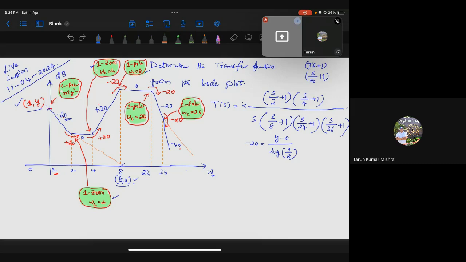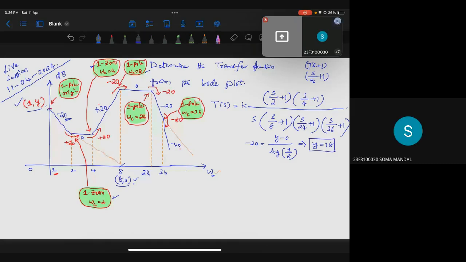So now this is log omega, am I correct? It is a logarithmic scale. That's why it is log 1 by 8. It means that instead of 8 minus 1, we say log 1 minus log 8. From this, we can calculate y.